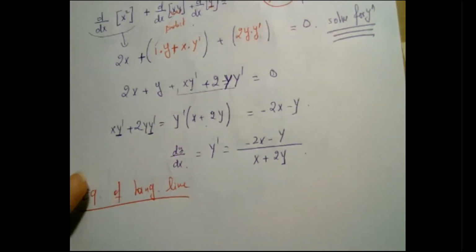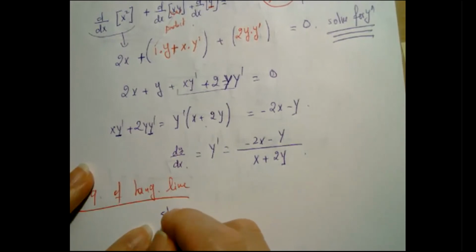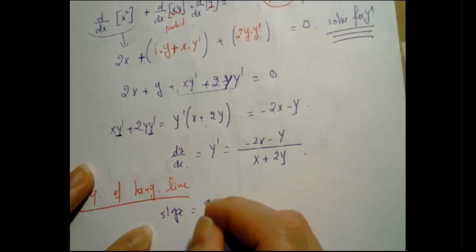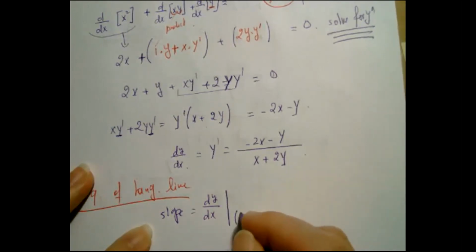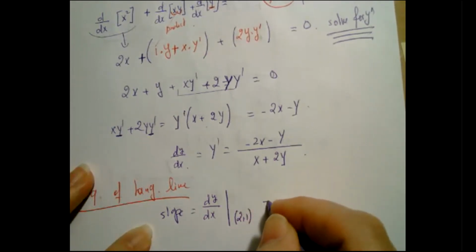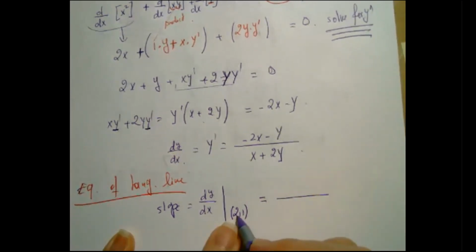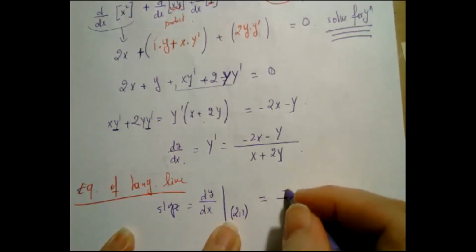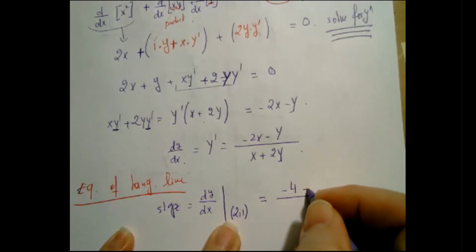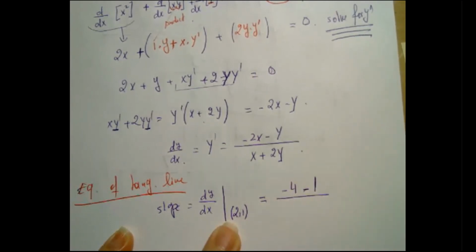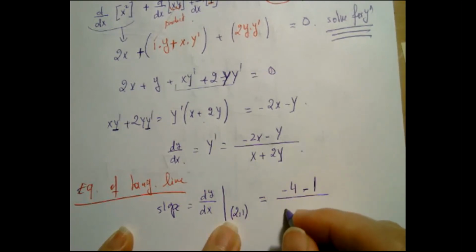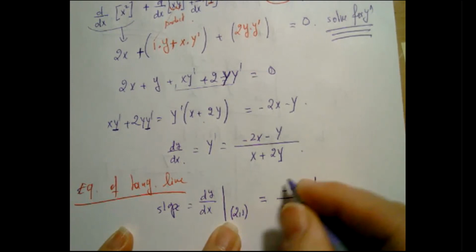The first thing, I need the slope. The slope is what you get when you evaluate that at the given point, which is (2, 1). At the given point, what do we get? x is 2, so I will have minus 4, and y is 1, over x, which is 2, plus y is 1.